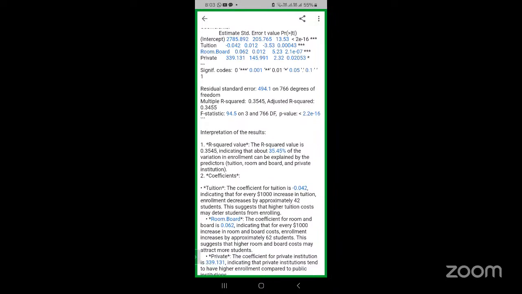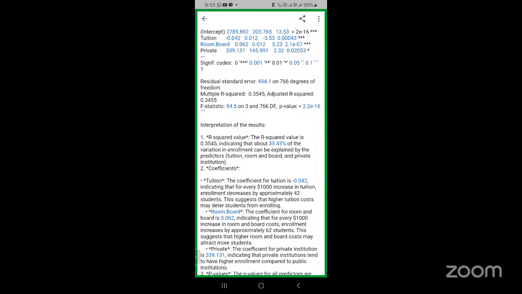Therefore, the interpretation is the R squared value is 0.35, indicating that about 35% of the variation in enrollment can be explained by the predictors, tuition, room and board, and private institution. So these variables have an effect on the student enrollment.